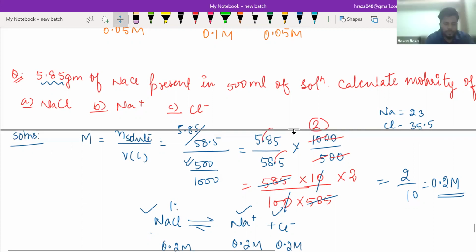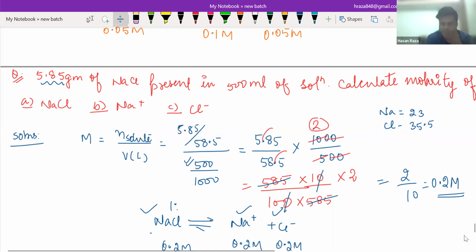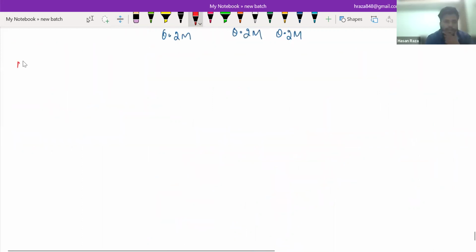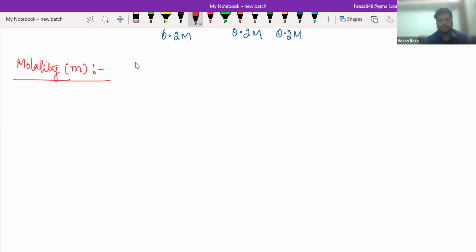Okay. Now the next concentration term is molality. And never be confused about molality and molarity. Molality is denoted by a small m. See, molality, I am going to define it.